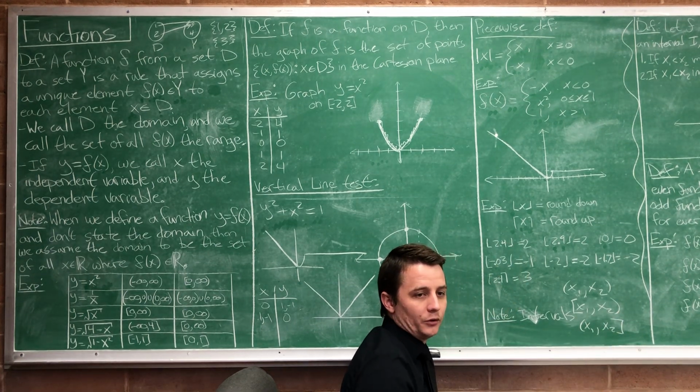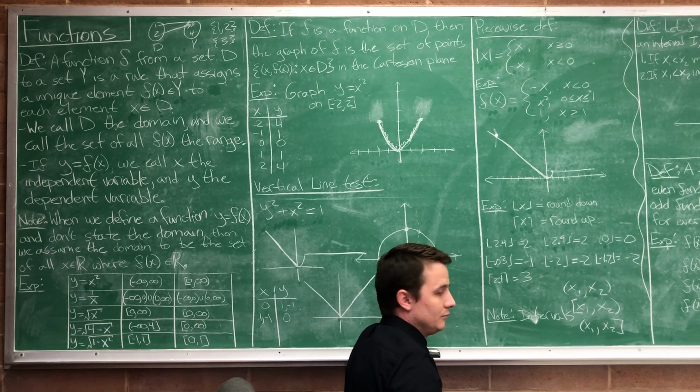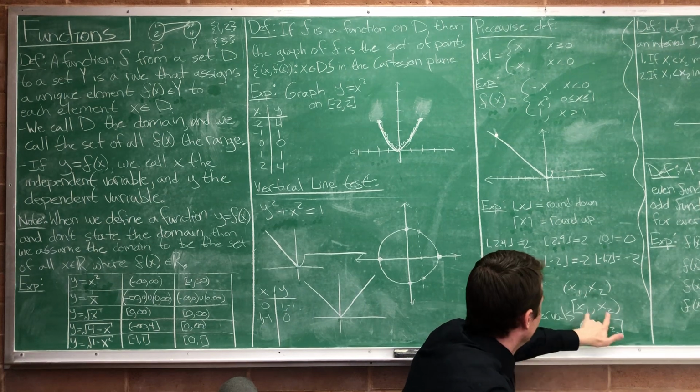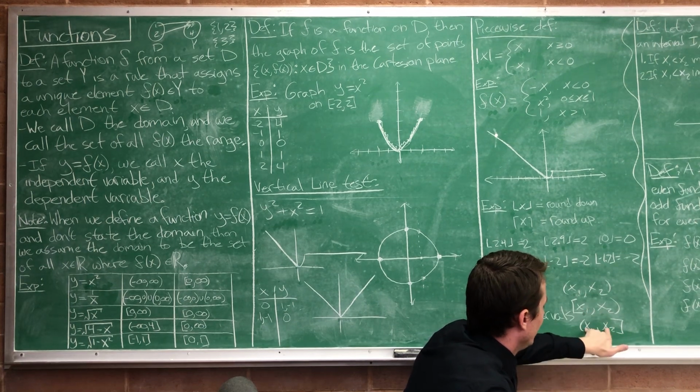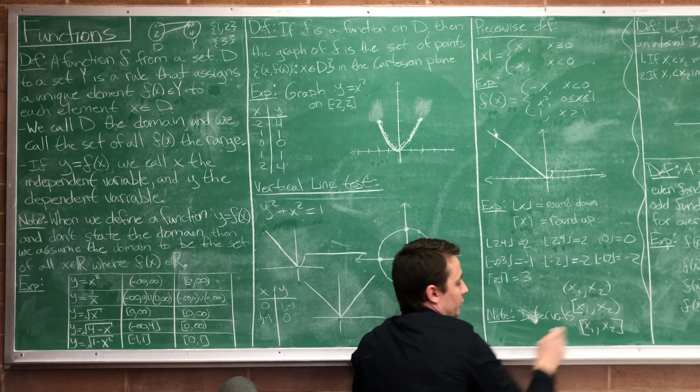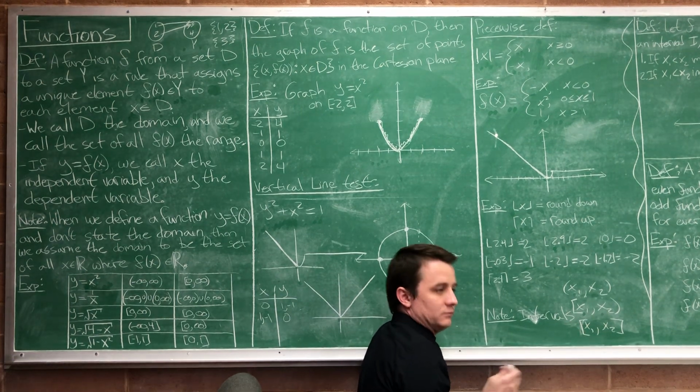Those are the 4 types of intervals we can have. These are all the numbers between x1 and x2, not including the endpoints. All the numbers between them, including x1. All the numbers between them, including x2. And if I would have done this, then it's all the numbers between them, including x1 and x2. Those are the 4 intervals.